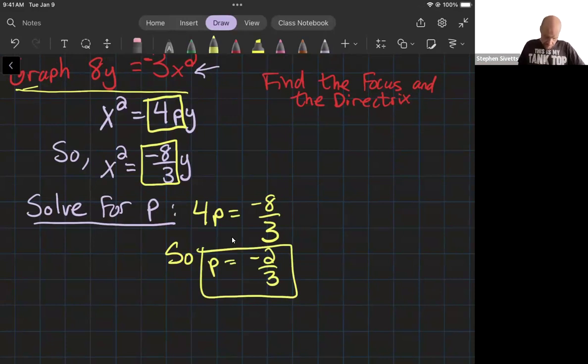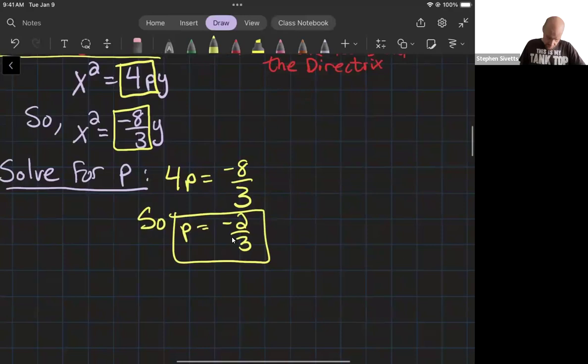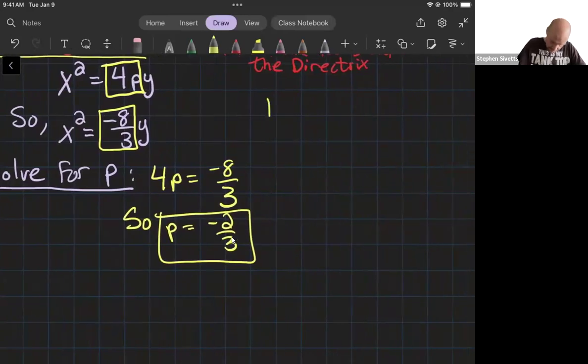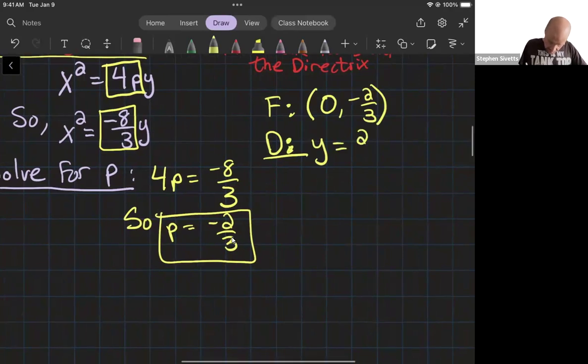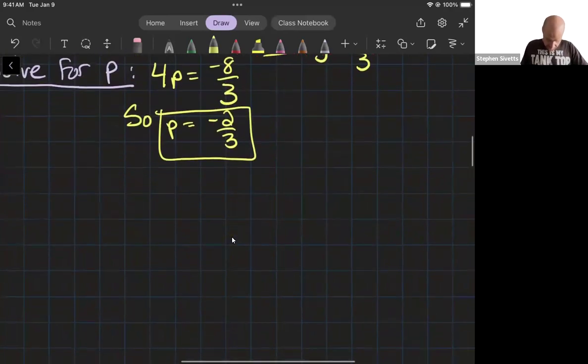So we know that the focus, since the x quantity is squared, will be (0, -2/3), and then the directrix, I'll label that as d, is going to be y equals 2/3, right?